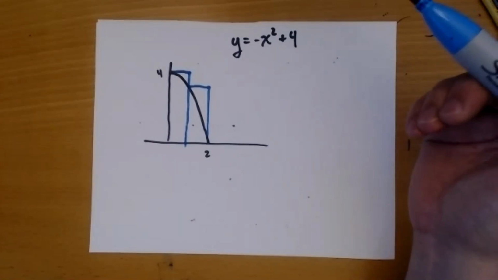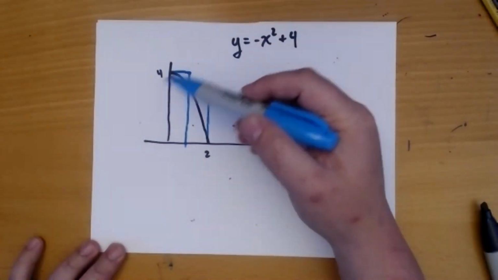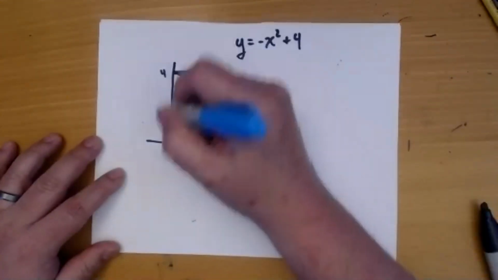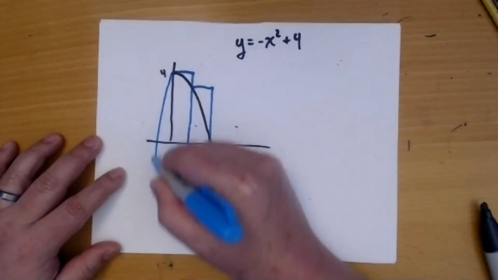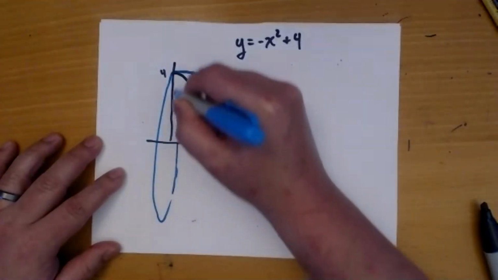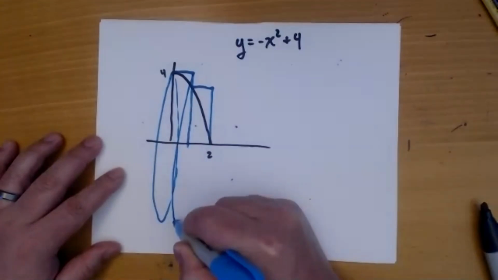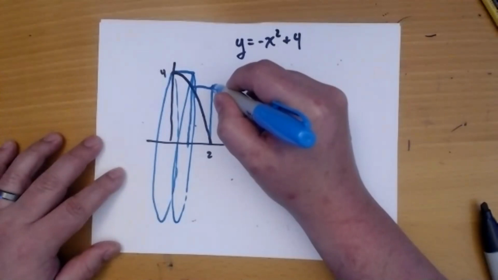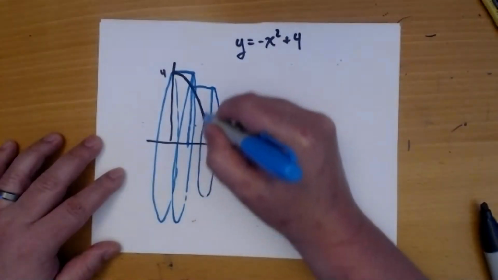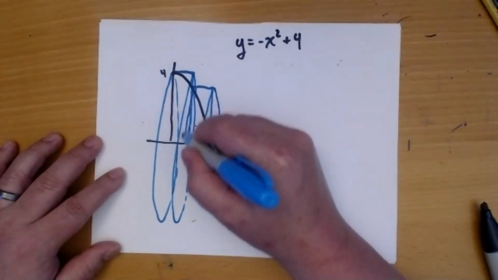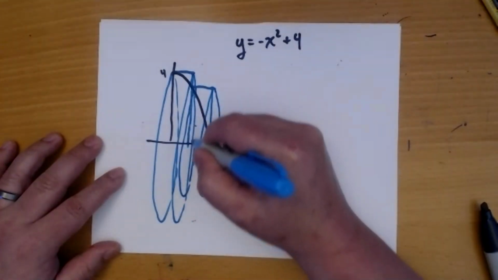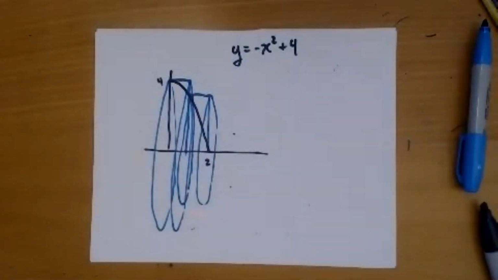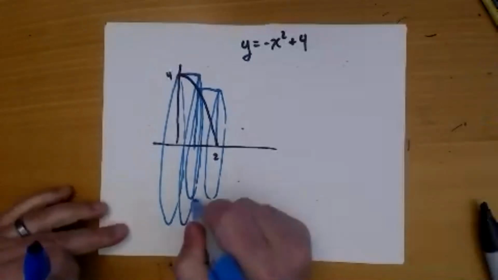Now what I'm going to do is take these and spin them around the axis. And when that happens, you wind up with this shape that kind of looks like a layer cake in a way.